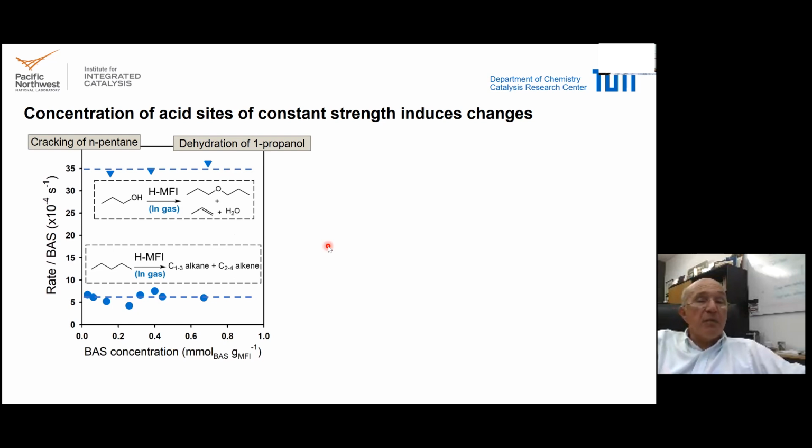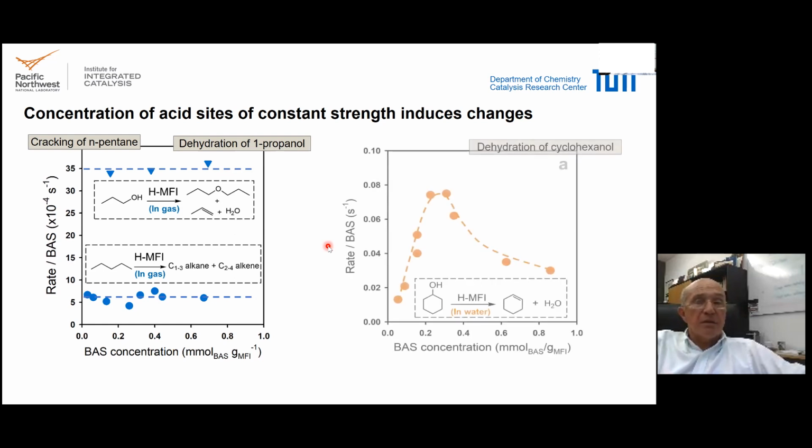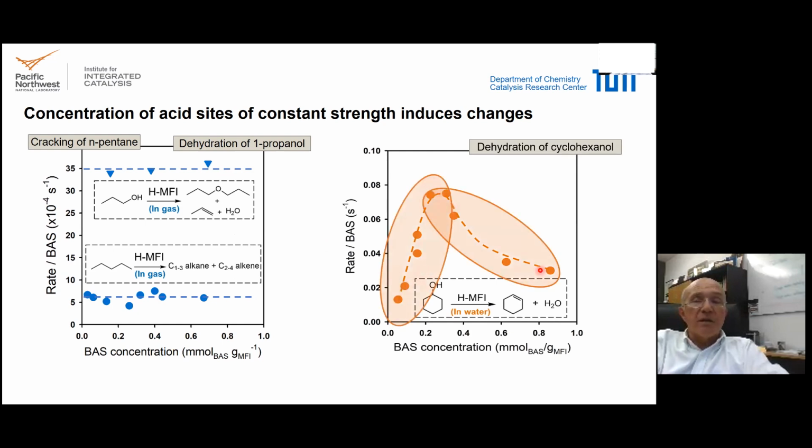What happens if the same reaction takes place in water? We see that the normalized rate first increases up to a certain point and then decreases. This first increase is clearly related to the increase of the standard chemical potential of that molecule. But what's the decrease?